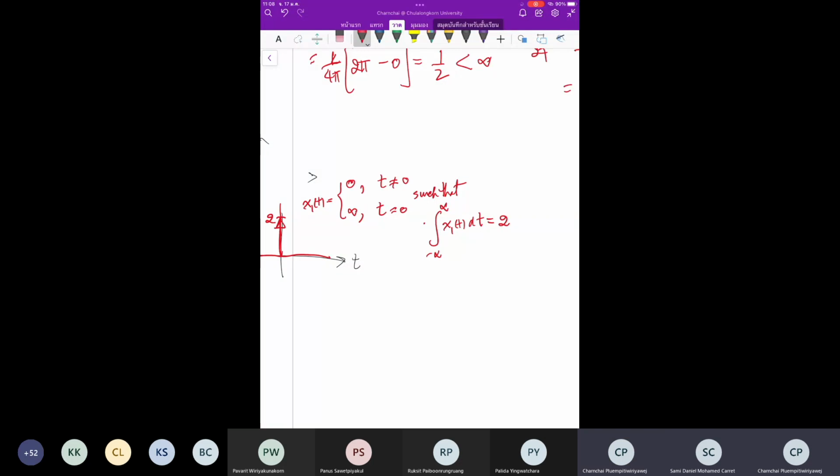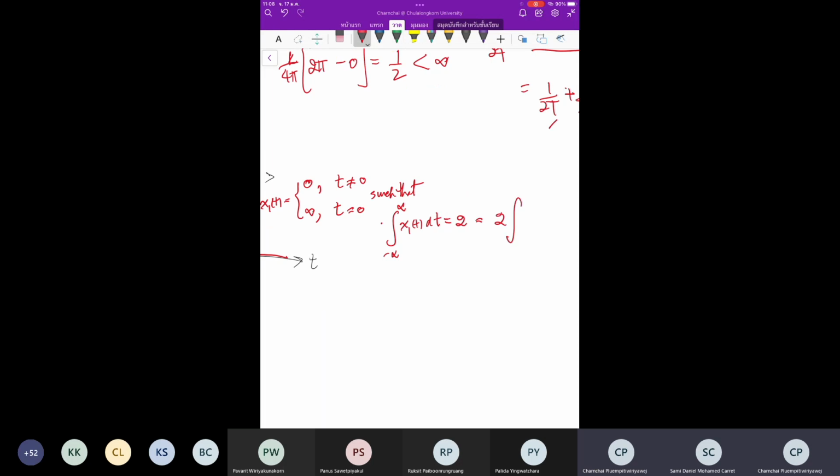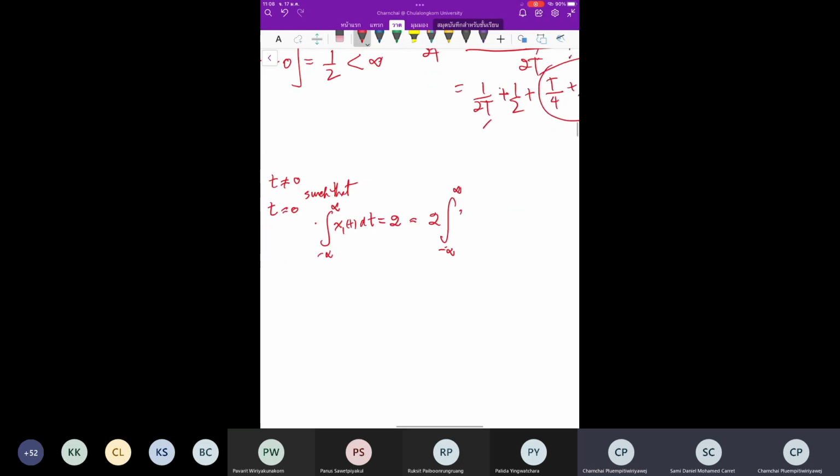Well, I could just say this is actually equal to 2 times the integral from negative infinity to infinity of delta t dt, because the integral of delta t dt is just 1.